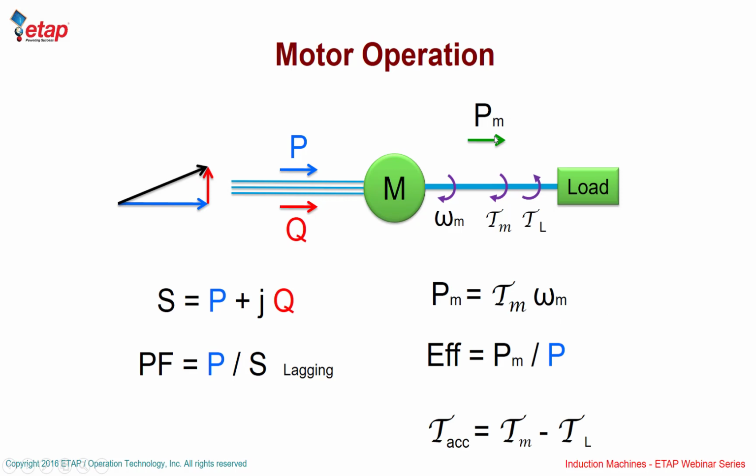On the mechanical side, PM is T sub M times omega M, which gives you kilowatt or megawatt. Efficiency is PM over P, and it's always less than 100%. Acceleration torque is the mechanical motor torque and the load torque subtracted from each other. Under normal operation, this would be a zero value.